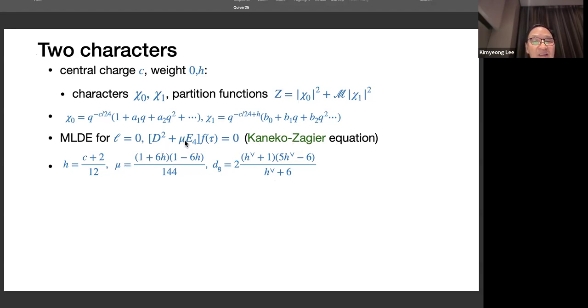This coefficient is related to the conformal weight, and in this two character case the conformal weight is related to the central charge, and to the dimension of the related Wess-Zumino model with Lie group. The dimension is again given in terms of the dual Coxeter number h, and the dual Coxeter number is all related to each other.